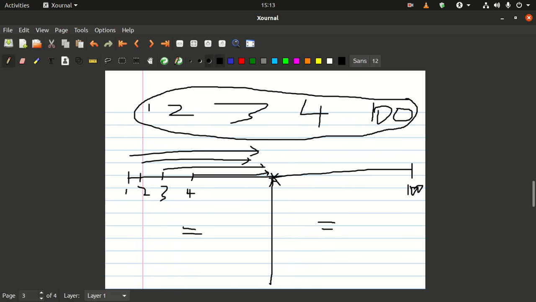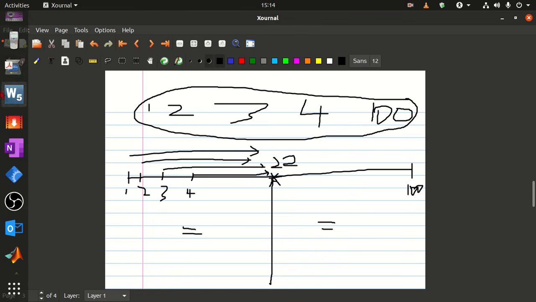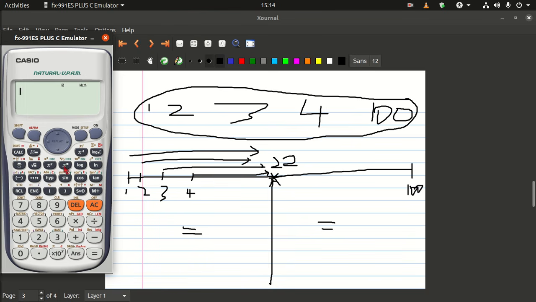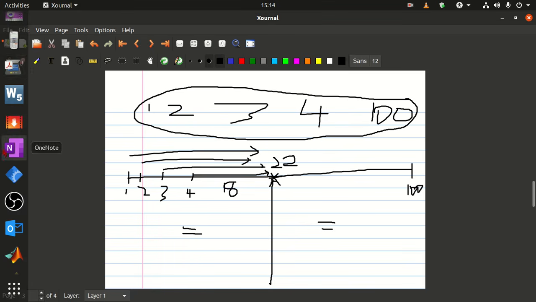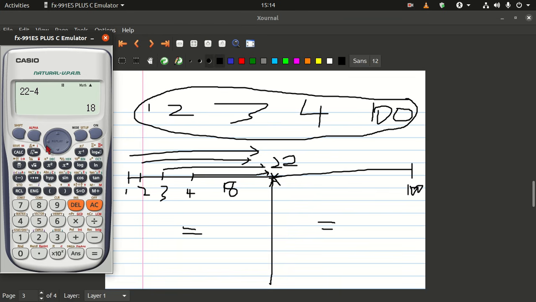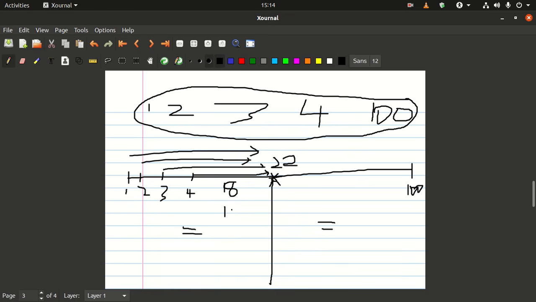If you look at the distance from 4, let's first assume this value here is 22. Now, if I say 22 minus 4, I will get this distance here, which is 18. So I have an 18 here, which is the first distance. And then I look at 22 minus 3, that is 19.